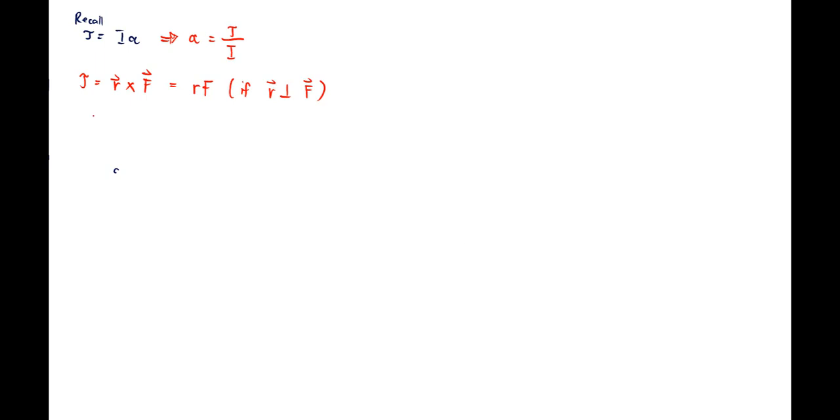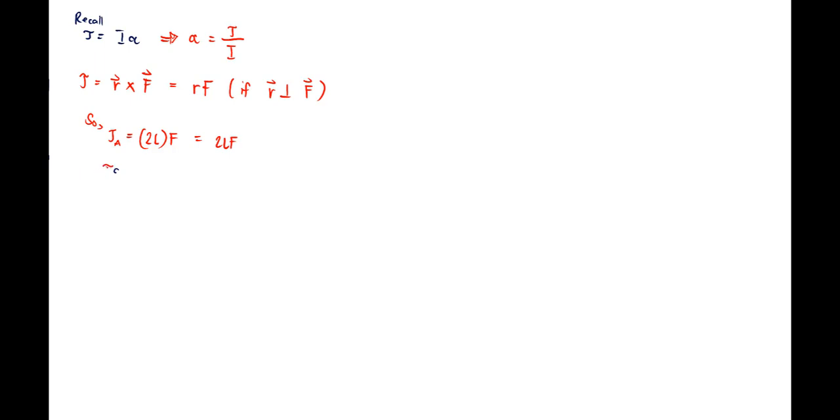So we can get two values for torque. We have torque for system A is equal to the length of the lever arm, which is 2L, multiplied by the force. So you have 2LF.